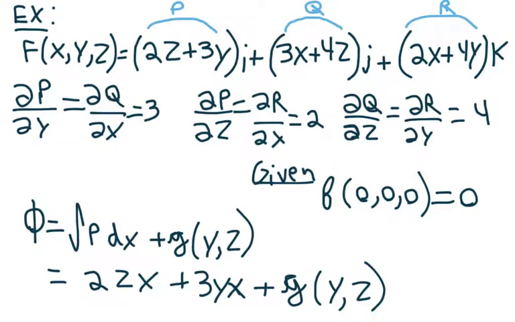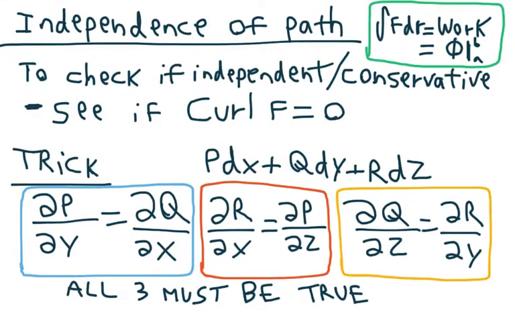So first we're going to look at F(x,y,z). It's equal to (2z+3y)i + (3x+4z)j + (2x+4y)k. If we do ∂P/∂y, it gives us the same thing as ∂Q/∂x, which is 3. And then we do the same thing again for ∂P/∂z, ∂Q/∂z, and we solve all three of the conditions like we saw over here.